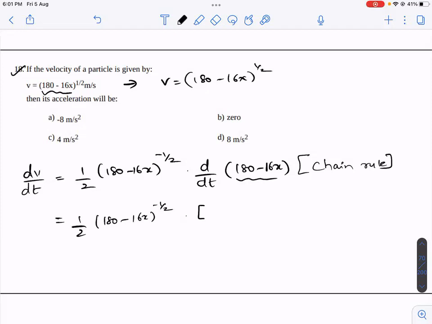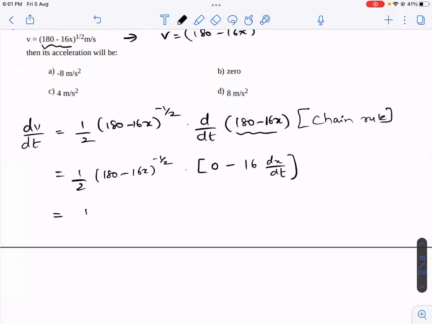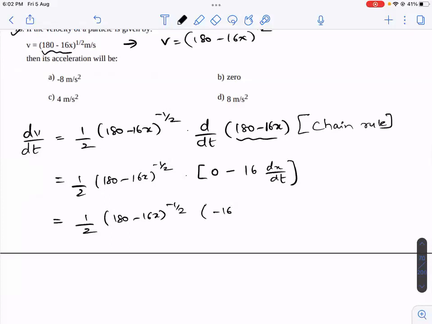Derivative of 180 is 0, minus 16 into derivative of x, which is dx by dt. So half into 180 minus 16x, the whole power minus half, into minus 16 into dx by dt, guys. Is it not velocity?